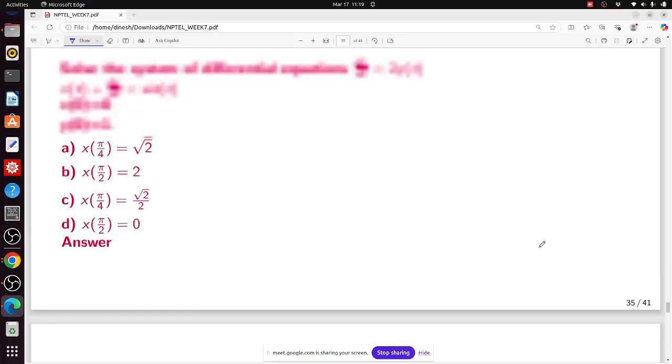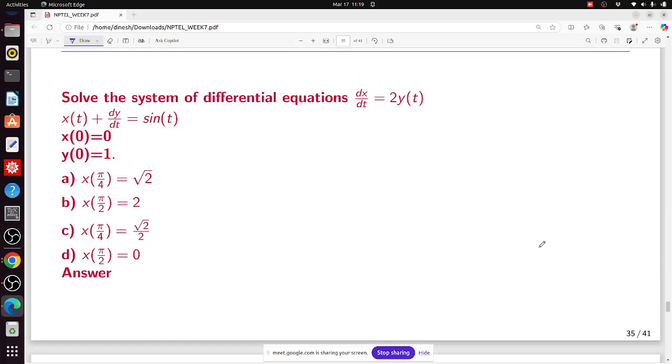So we can do one thing. Let the Laplace transform of x(t) be X(s) and the Laplace transform of y(t) be Y(s).